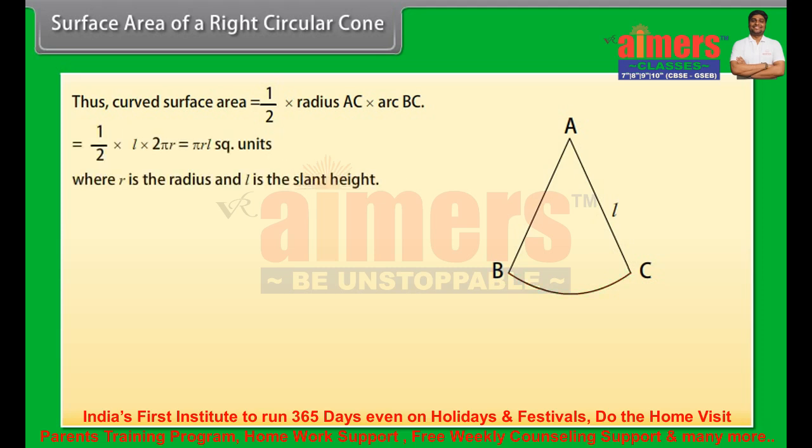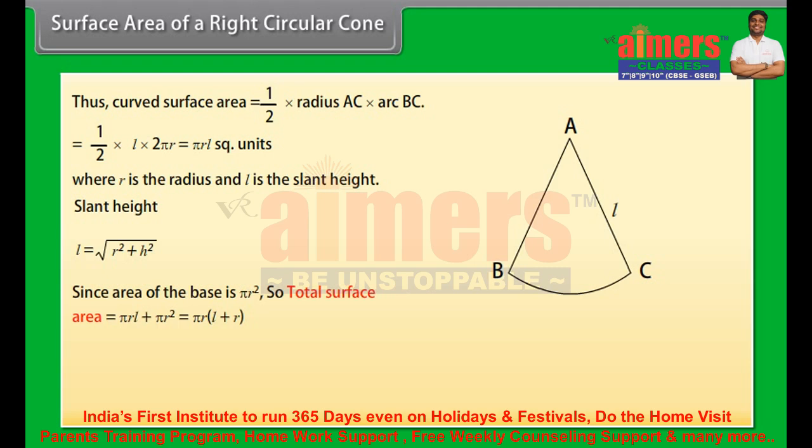This is equal to 1 upon 2 into L into 2 pi r, equals pi r L square units, where r is the radius and L is the slant height. And slant height L is equal to square root of r square plus h square. Since the area of the base is pi r square, the total surface area is equal to pi r L plus pi r square, which is pi r into L plus r.